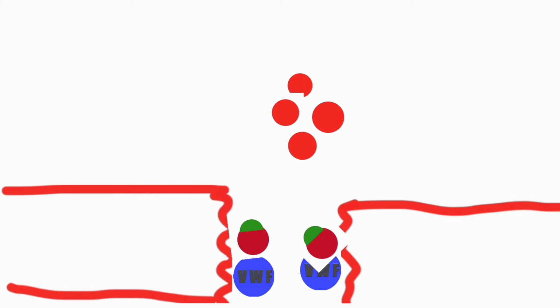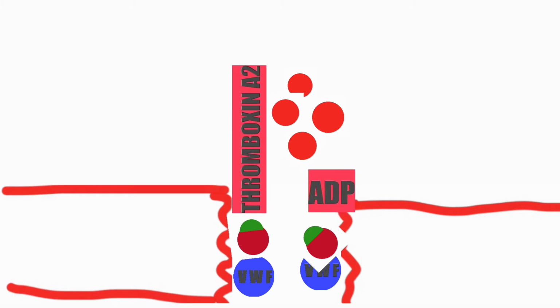The binding of these activated platelets will then stimulate the release of some chemicals. Those chemicals include ADP and thromboxane A2. As these activated platelets bind to the site, they will trigger the release of ADP and thromboxane A2.